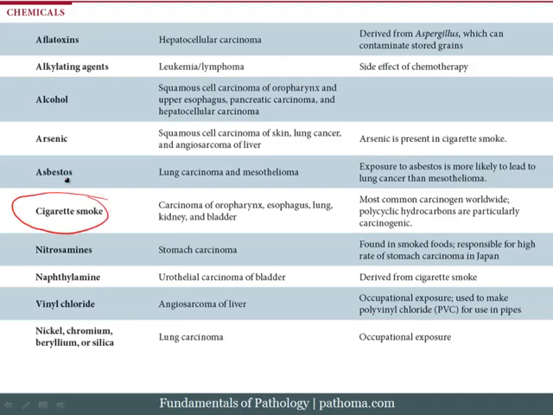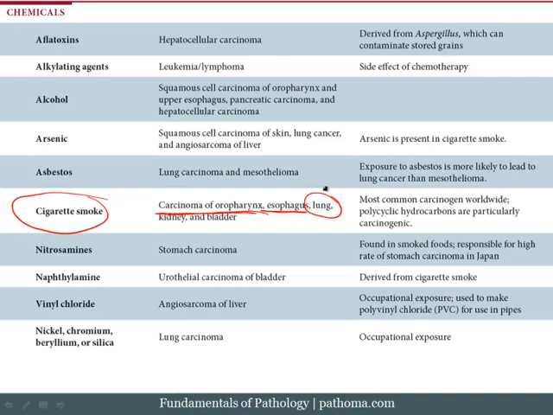Now we go to cigarette smoke. Cigarette smoke is a very important carcinogen to be aware of. It's associated with carcinoma of the oropharynx, as I've already stated above when we talked about alcohol. It's also associated with squamous cell carcinoma of the esophagus. It's associated with lung cancer, which I think is obvious.